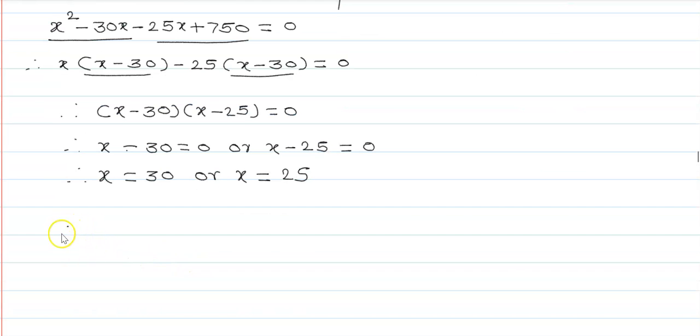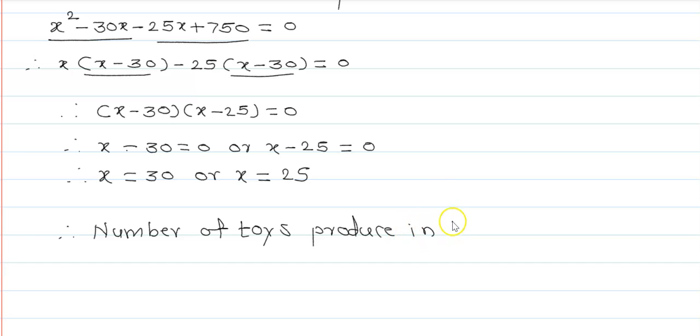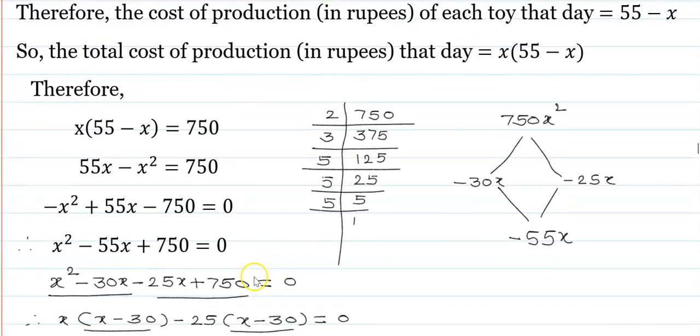Therefore, the number of toys produced in that day is equal to 30 or 25. Okay.